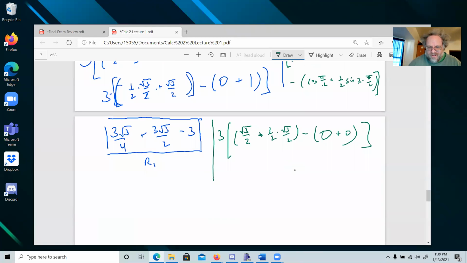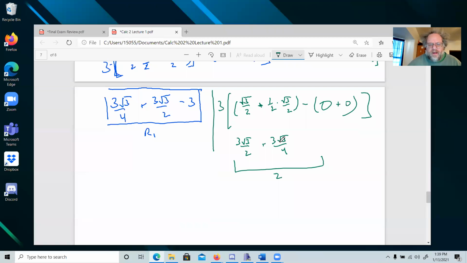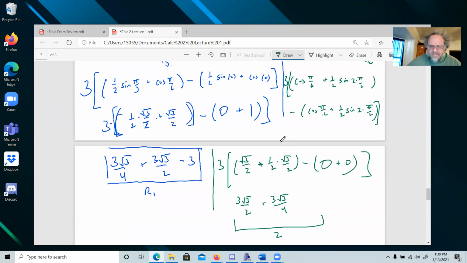So we have 3 root 3 over 2 plus 3 root 3 over 4. And this was my region 2. I'm off a sign somewhere, I think. Let me double check here. Oh no, we're still good. Okay, we're still good. No, I think I am off a sign.